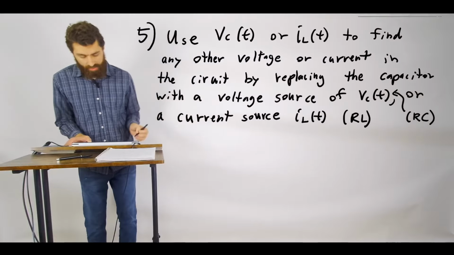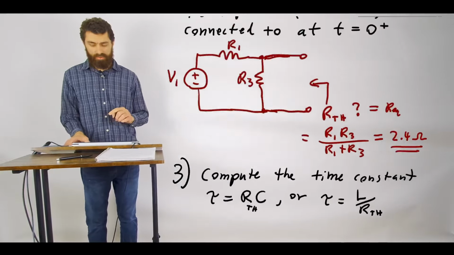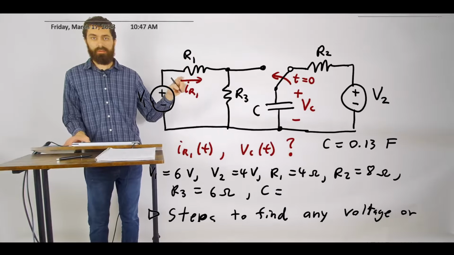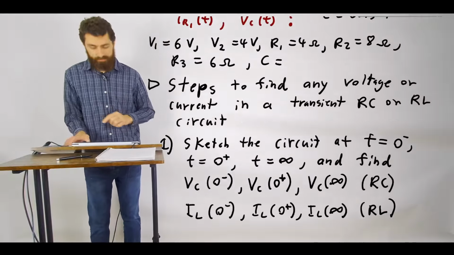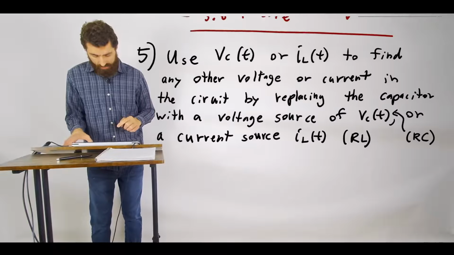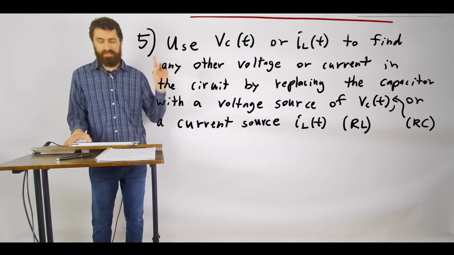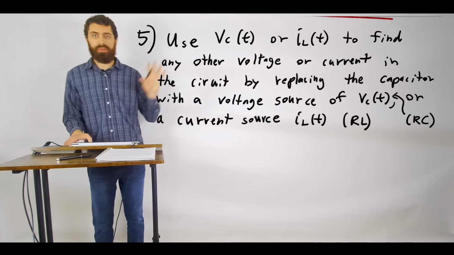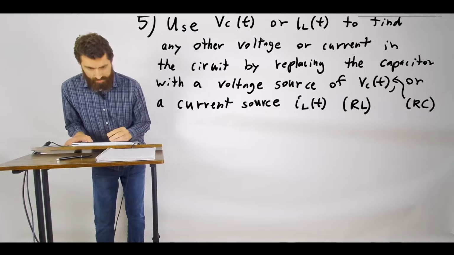So let's go ahead and do that. We're trying to find this IR1 value, this current through IR1. So we're going to replace the capacitor with a voltage source here. Here's our circuit.